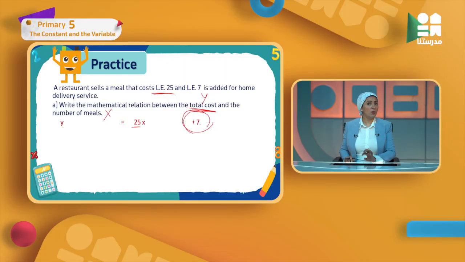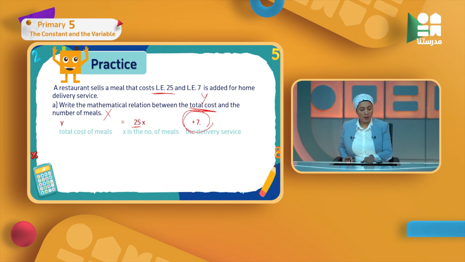So it is also a constant, okay? So here, total cost of meals equals 25x, where x is the number of meals, and plus 7 is the delivery service.